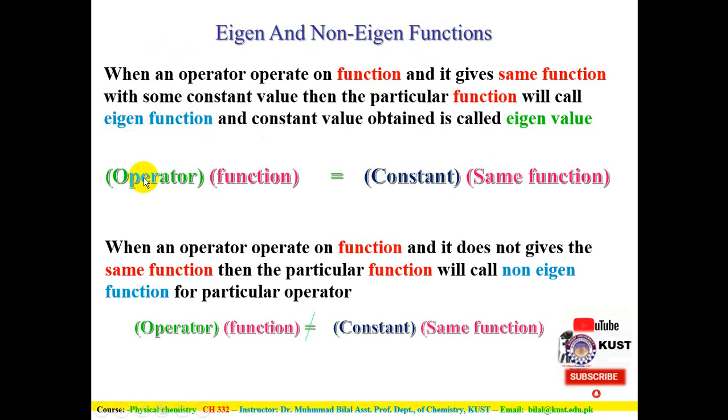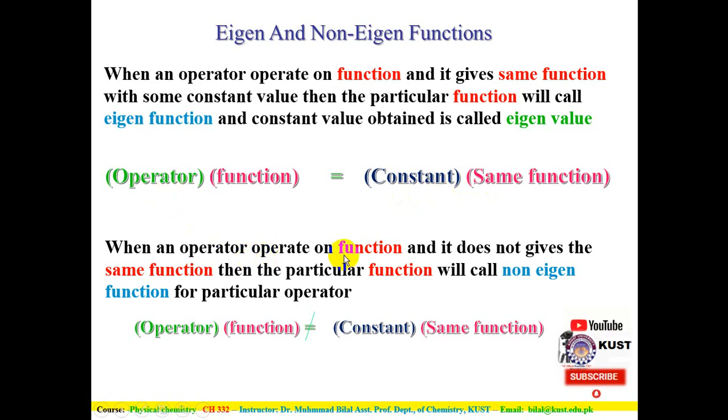The function is any variable like time, wave function, momentum, etc. When the operator operates on this function, it gives a constant value and the same function is repeated. This phenomenon follows the eigen function phenomenon.